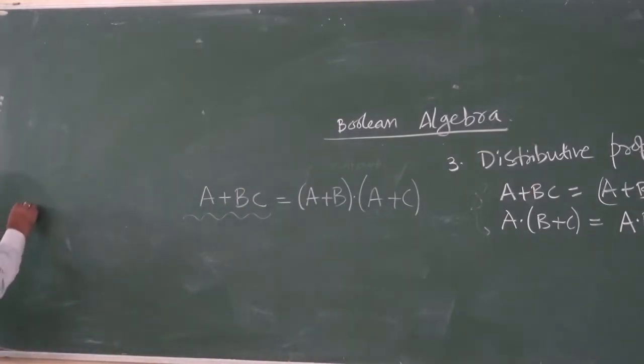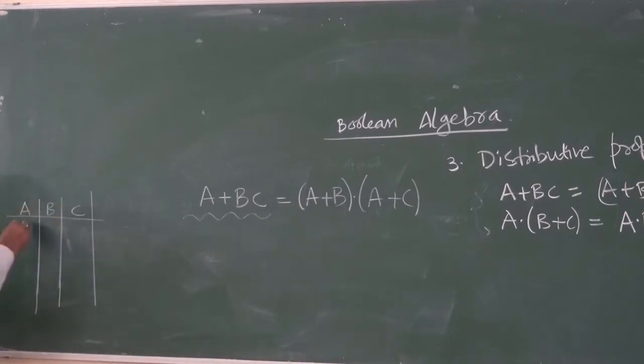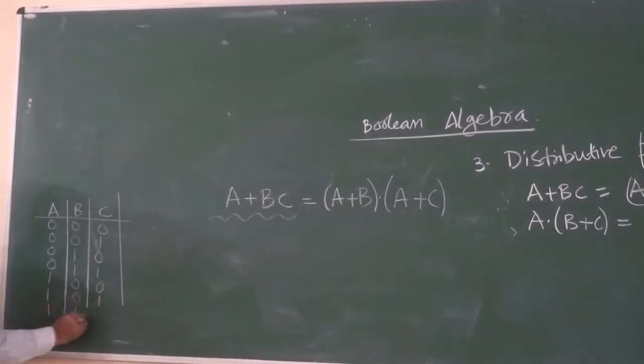For this, you can write the A, B and C inputs. There are three inputs, so the possible number of combinations are 0 0 0, 0 0 1, 0 1 0, 0 1 1, 1 0 0, 1 0 1, 1 1 0, and 1 1 1.